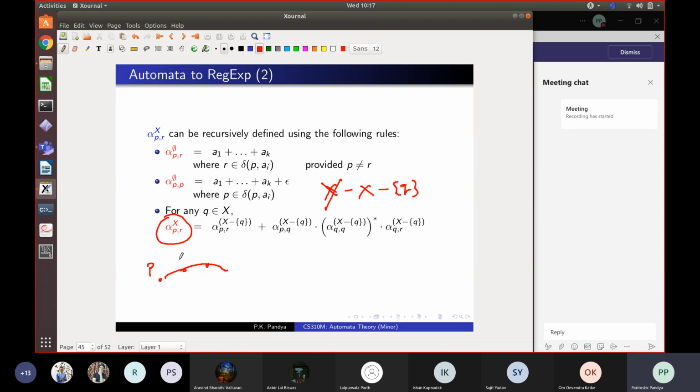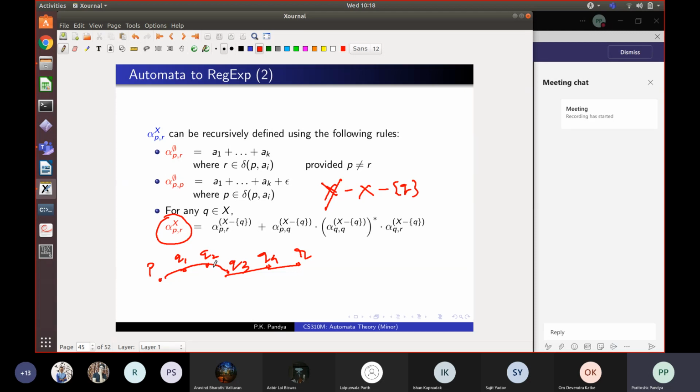Let me write them down here as Q1, Q2, and finally you wind up at Q3, Q4, and then finally you wind up with R. And whatever is the sequence of letters we take, where Q1 to Q4 belong to this capital X, all such runs, not necessarily of length 4, but longer also, will contribute to this alpha PR X.